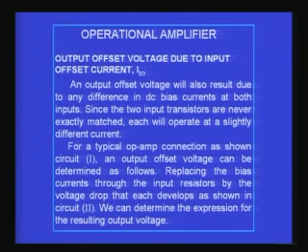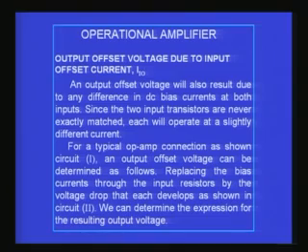So, we have to now find out what will be this offset current. We should first measure the bias currents in a given typical case and see whether the bias currents are equal or unequal. If they are unequal, the difference in the two bias currents is what we call the input offset current.